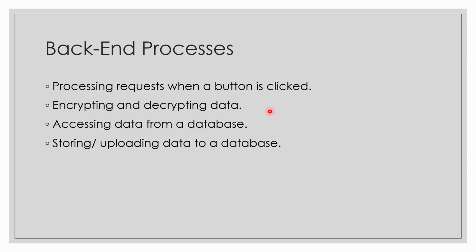When I enter my user ID and password, the data is encrypted, and then the data is checked from the database, accessed and matched to see if there is a match or not. Storing and uploading data to a database: when I create a new account or sign on to a website, we store the data in the database. These all come in the backend part.